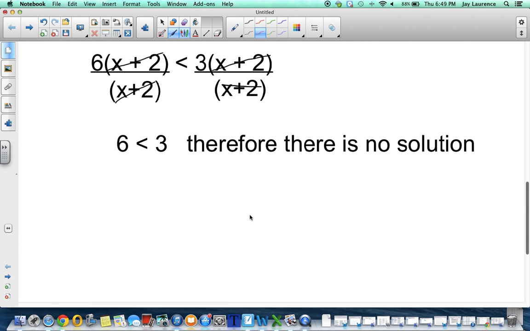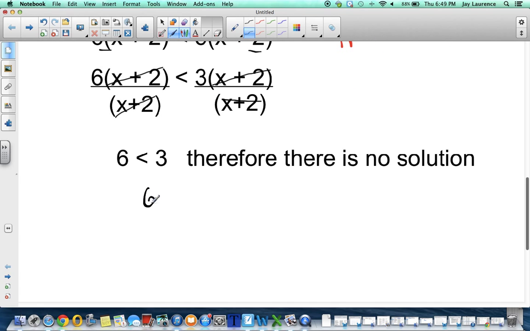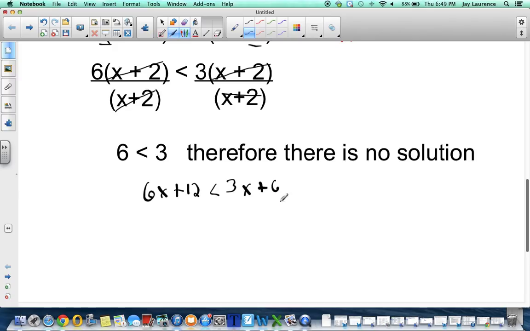So here's what I want you to do. I want you to take that original inequality, which is 6x plus 12 less than 3x plus 6. Now I want you to take one of the approaches I showed in class. We don't like to have variables on both sides, so let's subtract one of the variables.